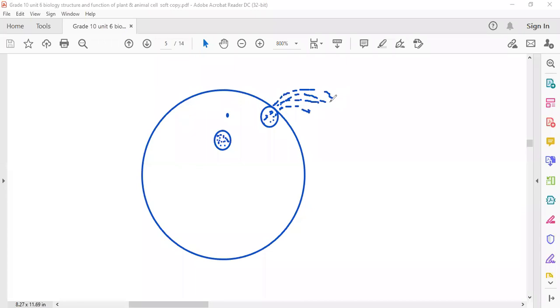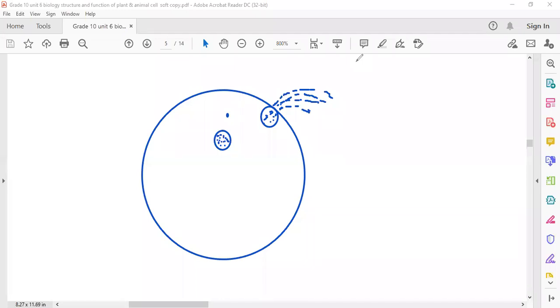Like this, when thousands of millions of cells do it, all together, saliva comes inside our mouth. Are you clear? It is the Golgi apparatus that collects the things inside the cell, makes the saliva, and puts it into these balls.